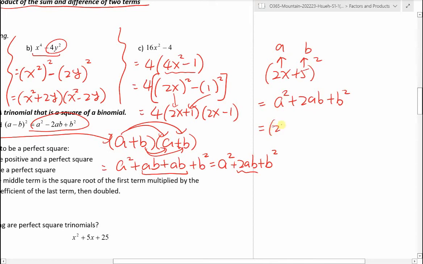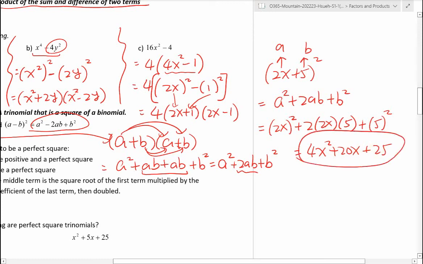Our a is 2x, and then 2 times a times b, which in this case is 5, plus b squared is just going to be 5 squared. So this is going to be 2x squared, that's 4x squared. 2 times 2x is 4x, 4x times 5 is 20x, and then 5 squared is 25. So this is your perfect square trinomial.